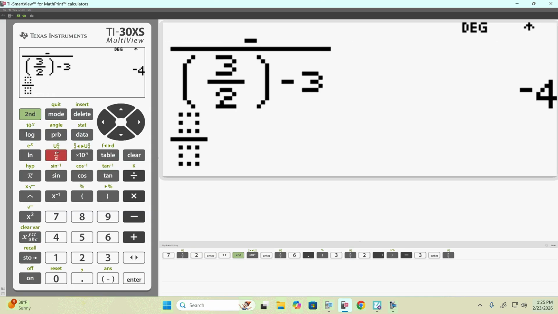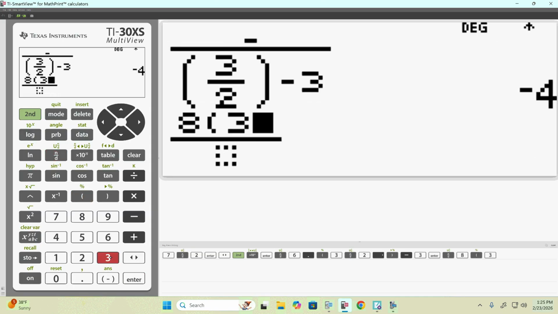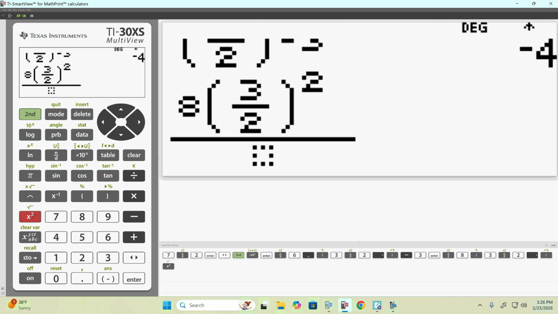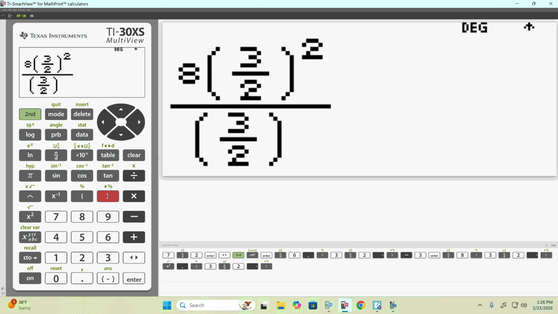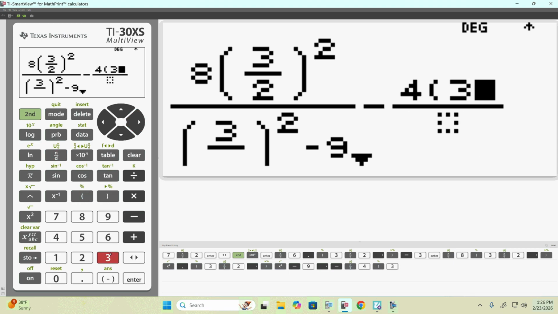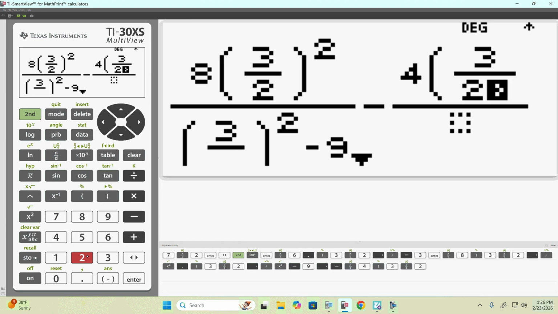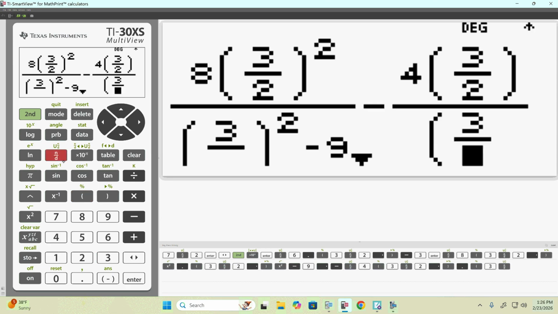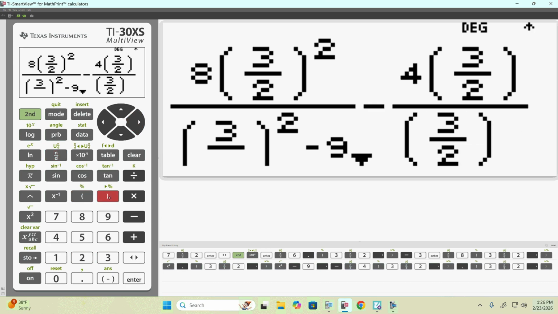Now we're going to do the same for the right side. So we'd have 8 times 3 halves squared over 3 halves squared minus 9, minus 4 times 3 halves over 3 halves plus 3.